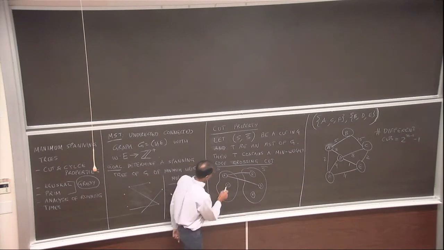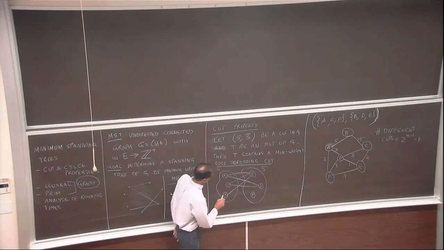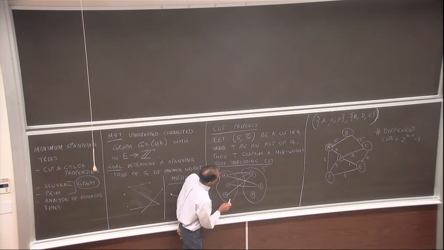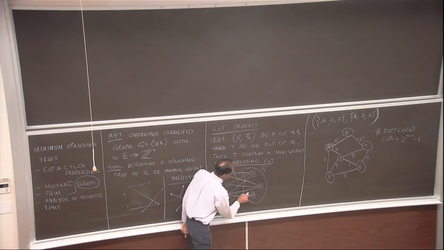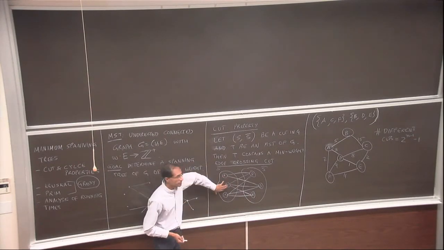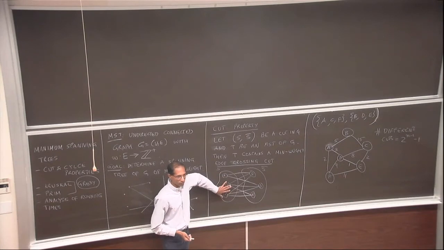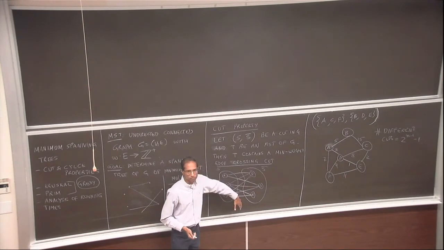Is there a CD? Yeah. And EF? Oh, sorry, EF, not BF. But DF and EF, and there is a CE also, right? So there are a bunch of edges crossing. Notice that there are edges on each side as well, and I have not drawn them, but these are the edges that are crossing the cut.